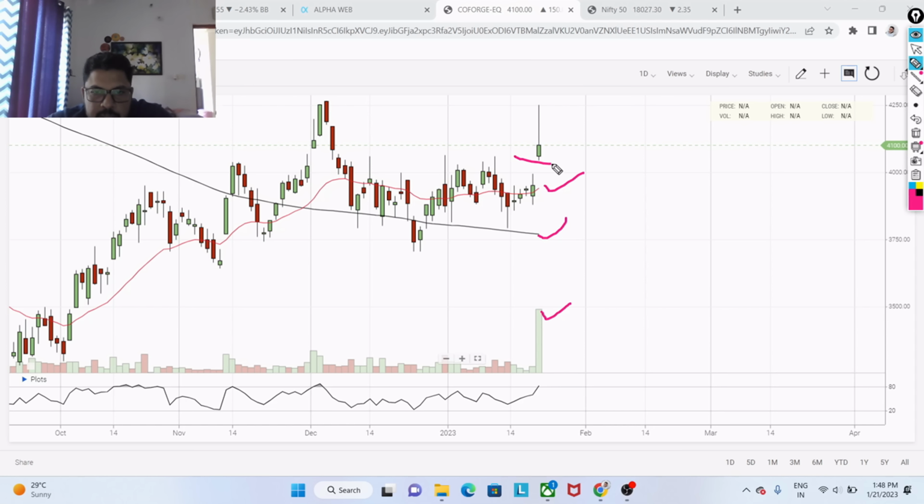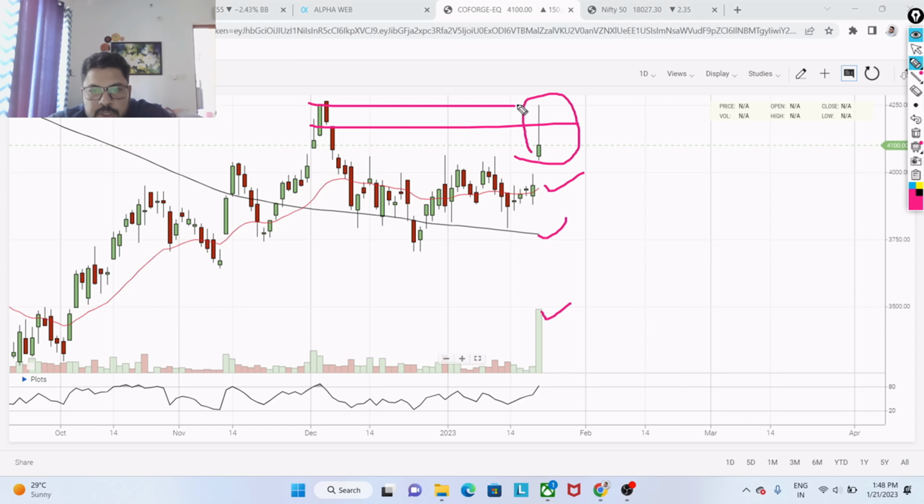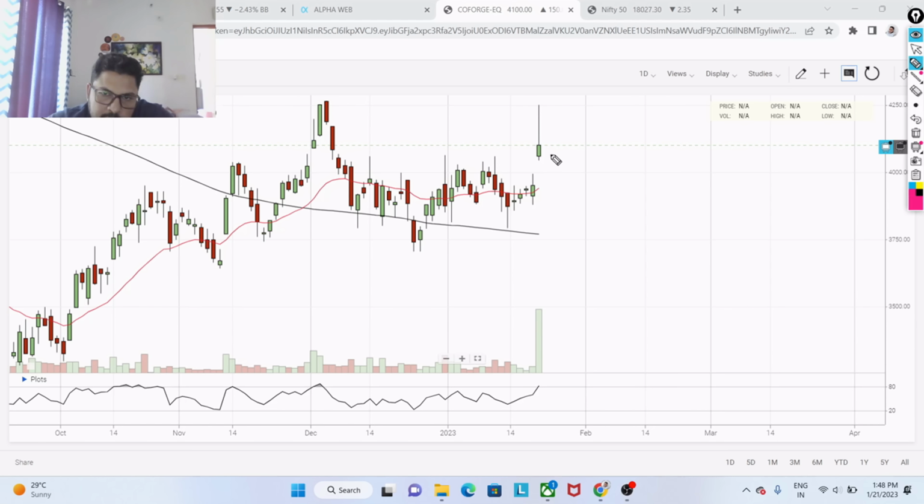We can say that this candle makes me a little bit skeptical in taking the long trade here, because there is a rejection, and there is a possibility that you might see a candle which can come and touch the 200 period moving average like this. Okay, but it is in a very good position.